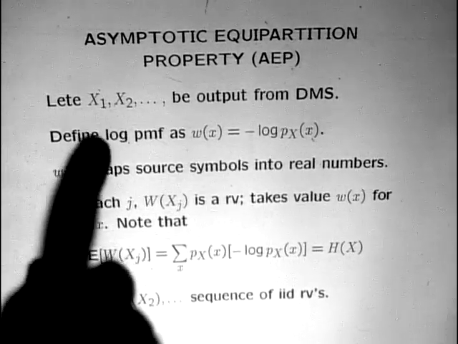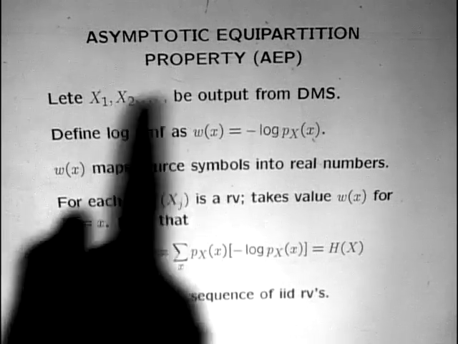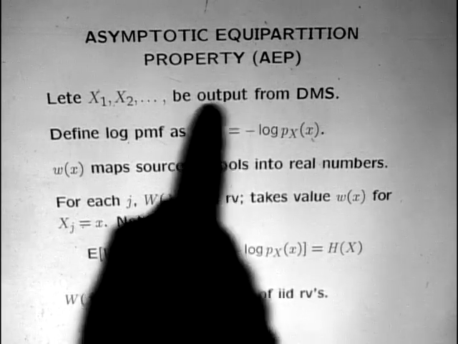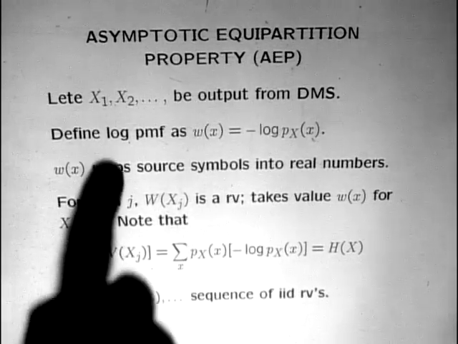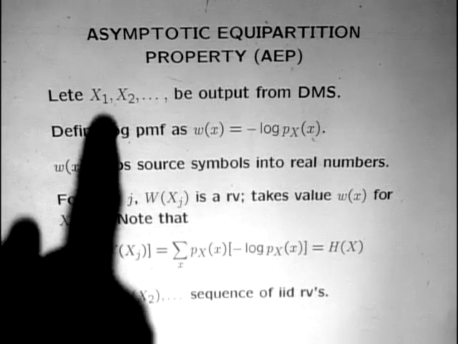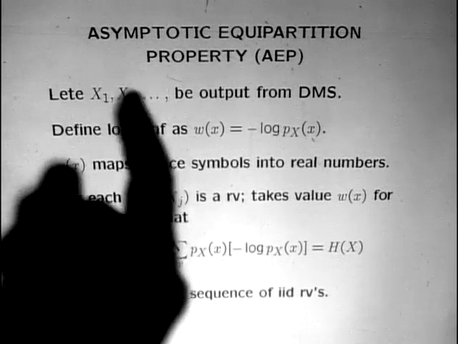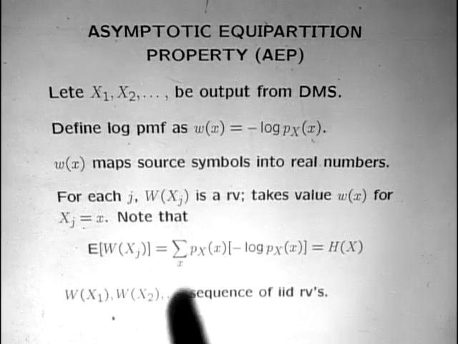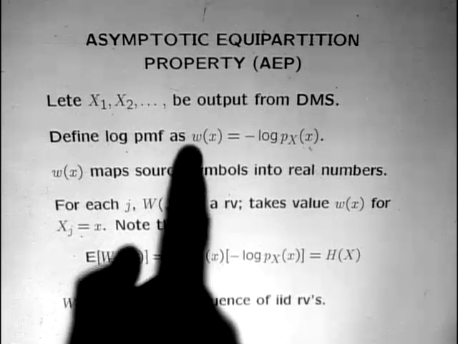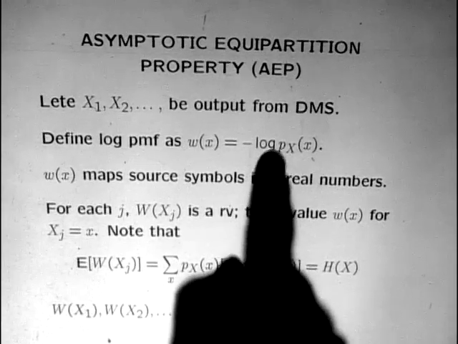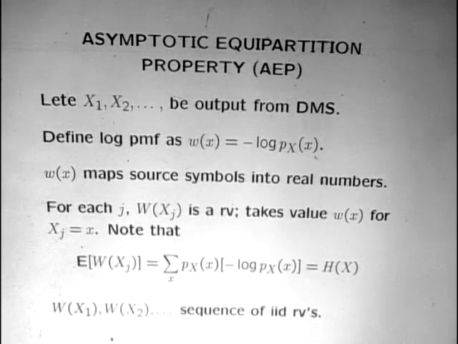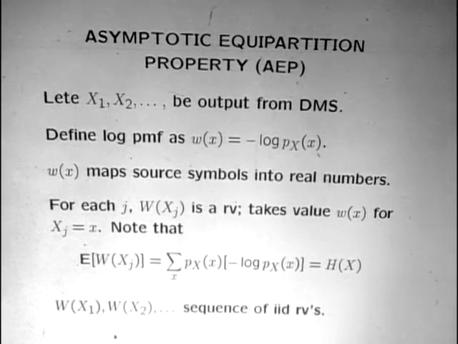Okay, so let's suppose that x1, x2, and so forth is the output from a discrete memoryless source. We'll look at the log PMF of each of these. Namely, they each have the same distribution function. So w of x is going to be equal to minus the logarithm of p sub x of x for each of these chance variables.